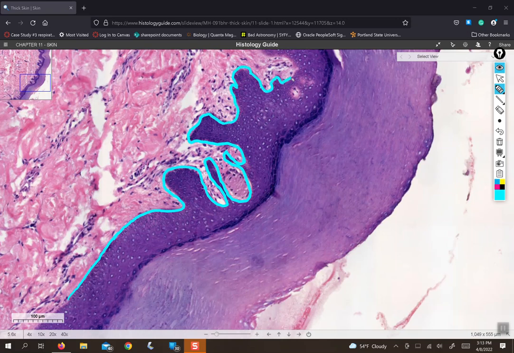So each of these little finger-like projections of the dermis up into the epidermis is called a dermal papilla. So plural is dermal papillae.